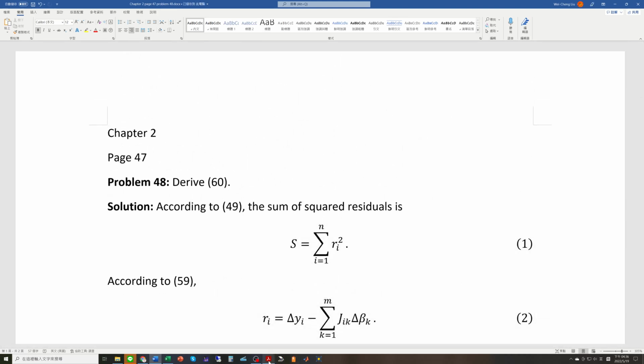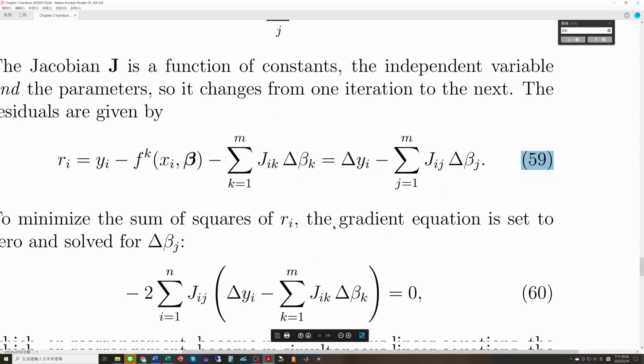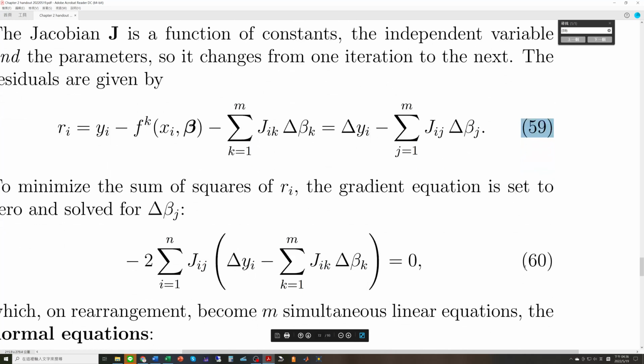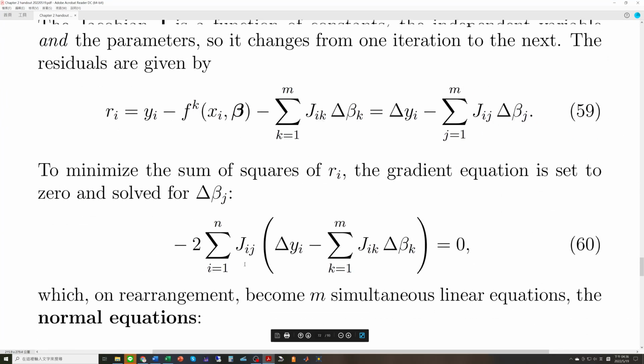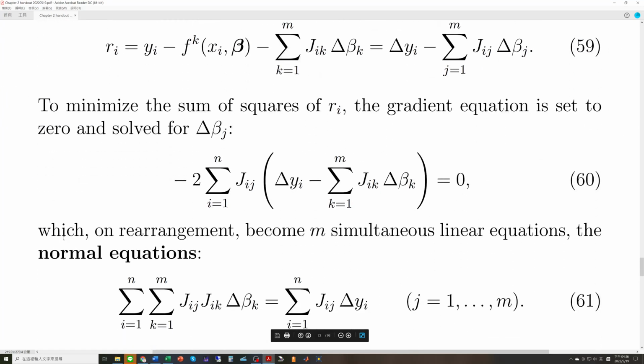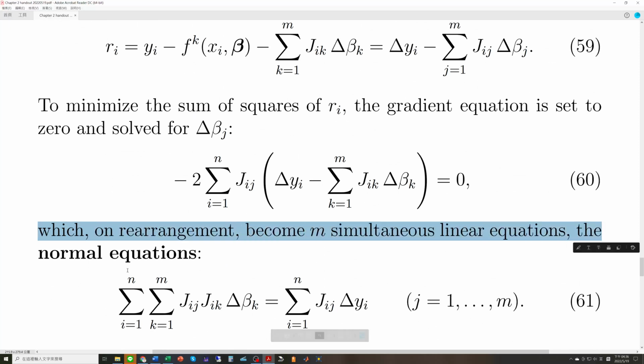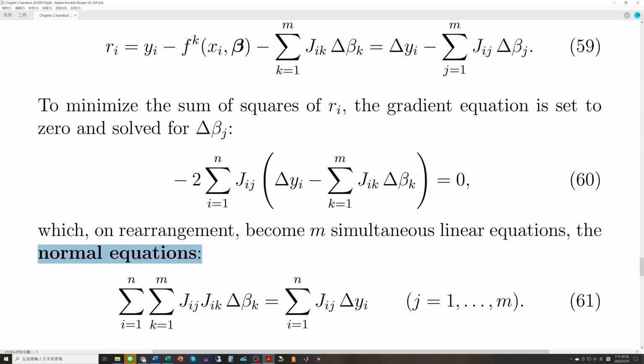Let us go back to the handout. We have just derived equation 60, which on rearrangement becomes m simultaneous linear equations, the normal equations.